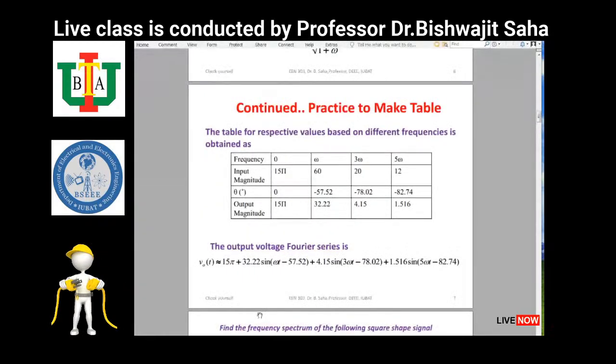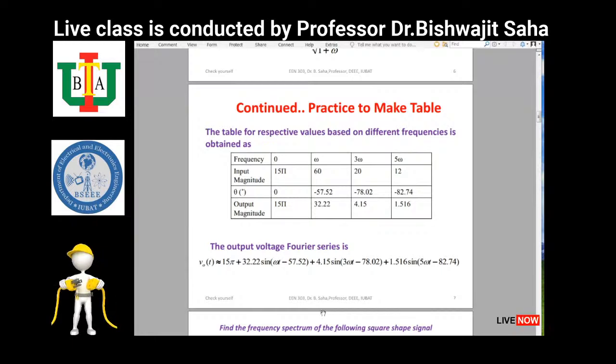And the very interesting thing is that the amplitude of each harmonic decreases with the number of the harmonic. In the Fourier series that we have seen, the fundamental has 32.2, but the third harmonic has 4.16, and the fifth harmonic has 1.516.